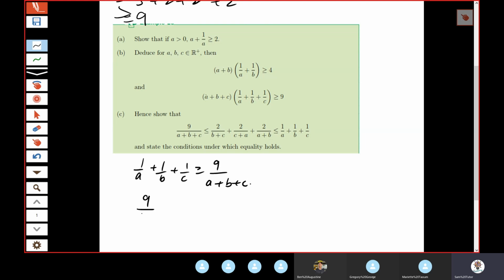So 9 on A plus B plus C is smaller than 1 on A plus 1 on B plus 1 on C. So I think we can say we got this and this out. All we need is this component in the middle, which we don't have, and somehow that has to be in between these two.